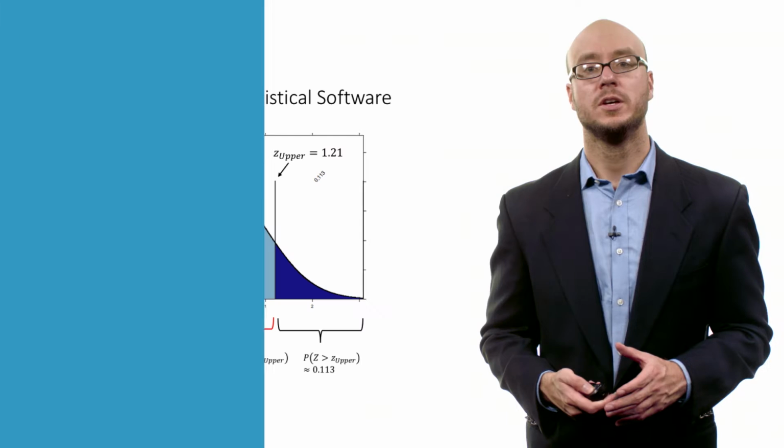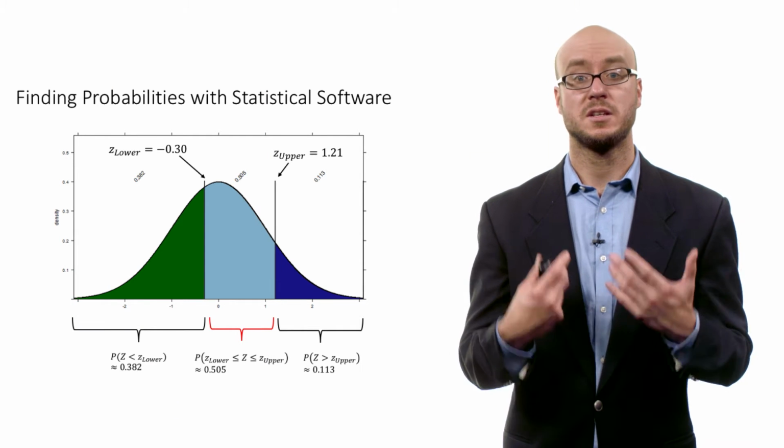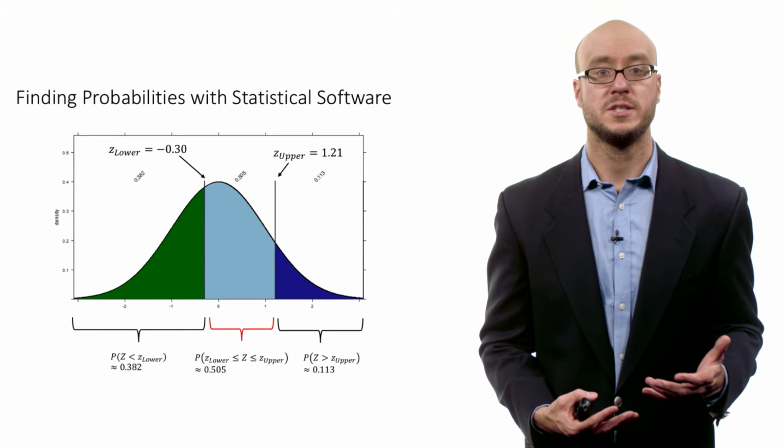So the goal then is to find the probability of a z-score within that range, because we want to find the probability that a randomly selected adult male is between 69 and 74 inches, or equivalently between a z-score of negative 0.3 and a z-score of 1.21. We can find these probabilities very easily using statistical software with a visualization.